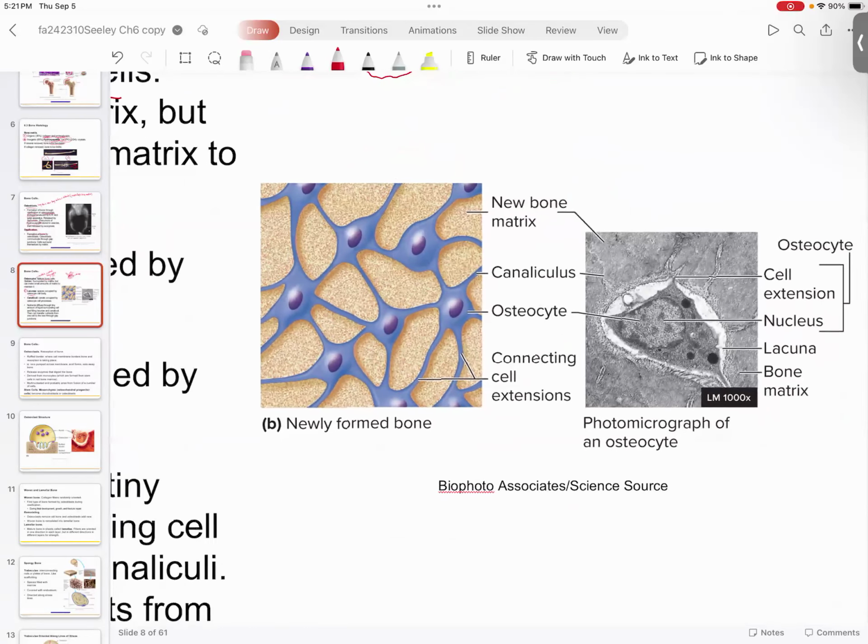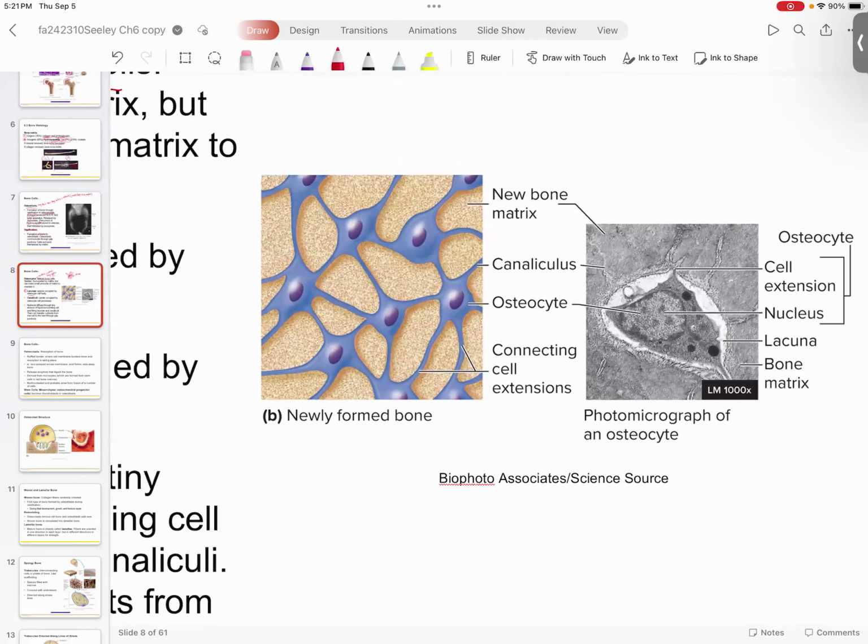For instance, here's an electron micrograph of an osteocyte. You can see the nucleus, this large structure right here. This little white space right here is the lacuna. Then you can see these little extensions forming little canals.